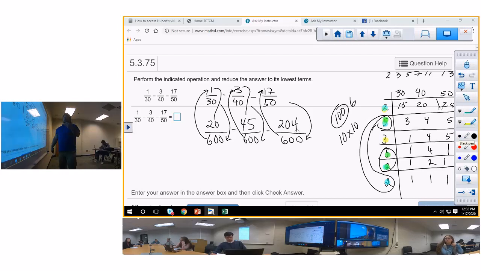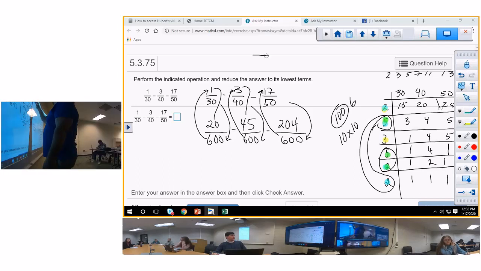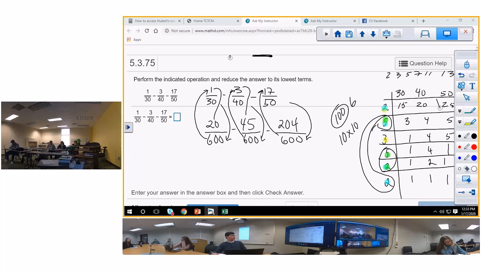And now we can subtract. Now, if you're like me, you like to spend money, okay? Well, I'm always in debt. Why? Because my negatives are bigger than my positives.